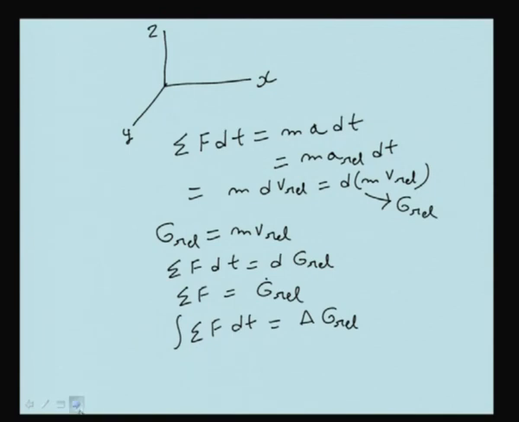In fact, we can also see that if we have the angular momentum about this thing, so this is H rel is equal to r rel cross G rel.